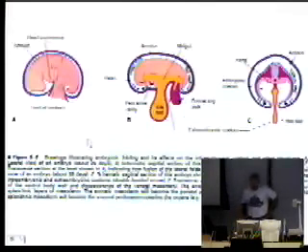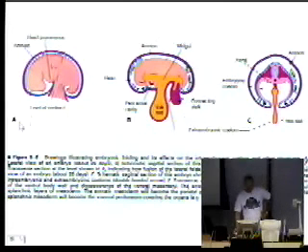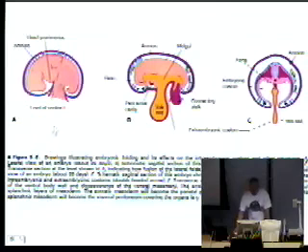Now let's look at the illustrations from the textbook that make this point as well. So we have panels A, B, and C from figure 9-2 from the textbook. And we are looking at it from slightly different perspectives.